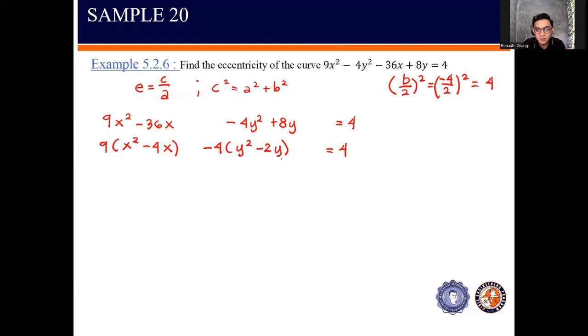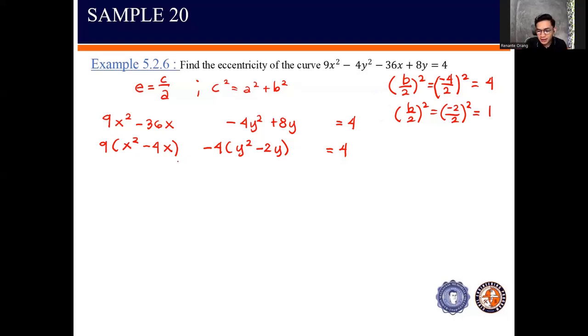So how about in this part? That is b squared over 2 pa din, which is equivalent to negative 2 divided by 2 squared, which is 1 squared ng 1, or negative 1 is positive 1 pa rin. Okay, so proceed tayo.